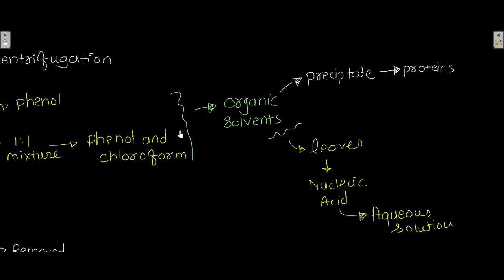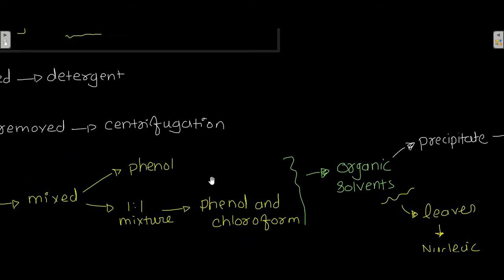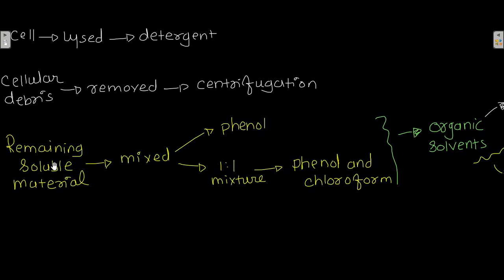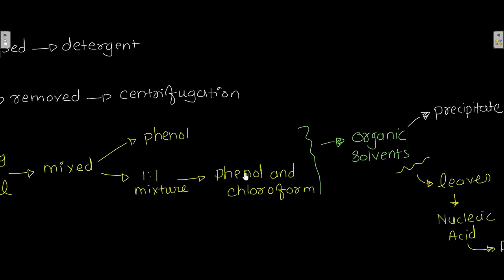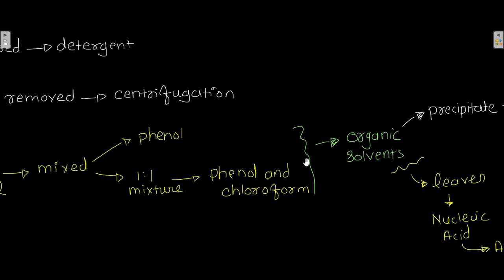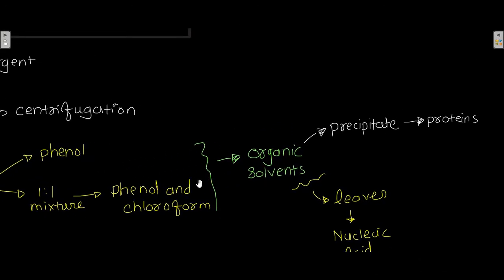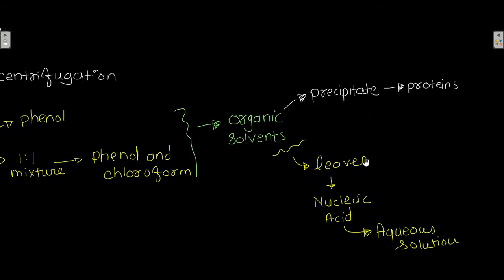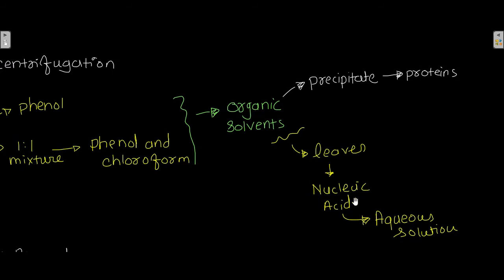Now these organic solvents, that is phenol or phenol chloroform, precipitate proteins and leave the nucleic acid in the aqueous solution. So you lyse the cell, remove the cellular debris by centrifugation, and mix whatever remains with phenol and chloroform. Due to this step, the proteins get precipitated and an aqueous solution is formed which contains nucleic acid.